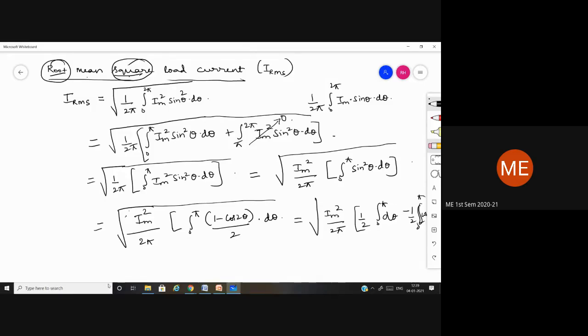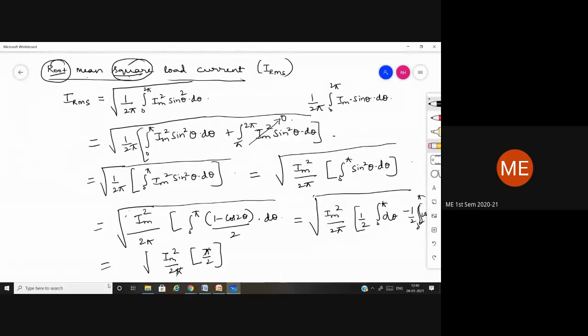After that we integrate it. I think the mathematical steps you can understand. 0 to pi. After doing all those things we arrive at root of Im square by 2 pi into pi by 2.